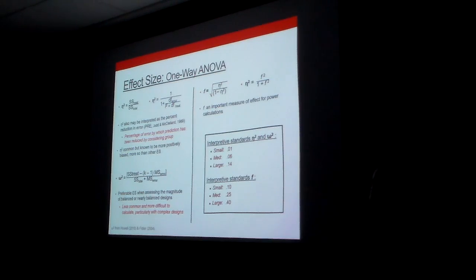Or I can say my best guess for the population effect is that the grouping factor accounts for 10% of the variability in our outcome in the population, right? That means something. With F, I don't know how to make a meaningful conceptual interpretation outside of what small, medium, and large are. But F becomes important in calculating power, so you need to know what it is and how it's calculated.